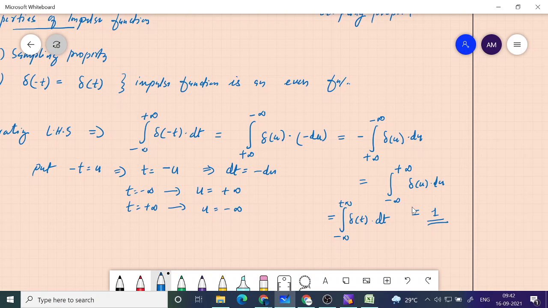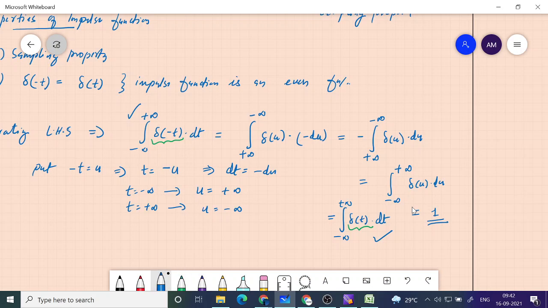Okay, so now if I compare the starting expression with the final expression, the only difference that you see is that here this is delta of minus t, and here it is delta of t. Everything else remains the same.